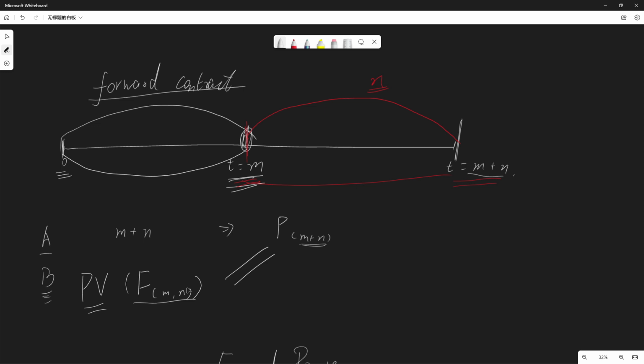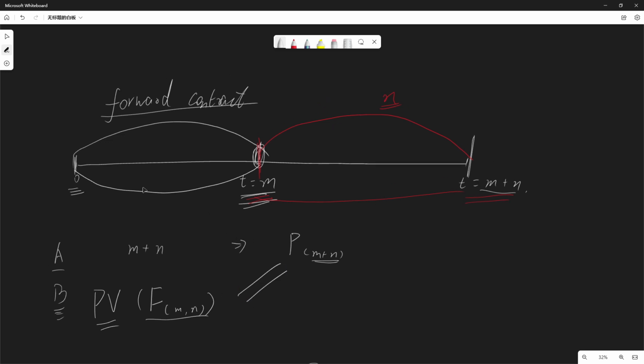The two investments should have the exact same price, because if you buy the bond right now and hold that to the maturity, which is m plus n, you are going to receive the face value of that bond, because it's a zero coupon bond.